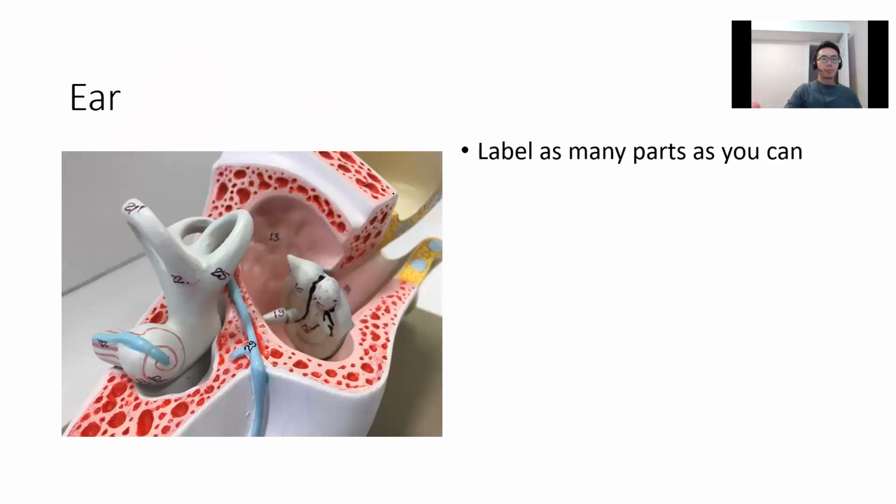Okay, label as many parts as you can. So here we go. That's the incus again. That's the hammer. Sorry, I should stick with the proper term, the malleus. You can see a bit of the stapes here.